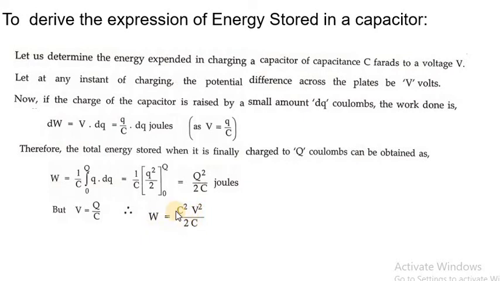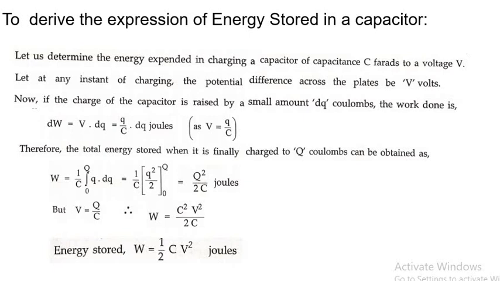So C will get cancelled, and we get the final value: the energy stored in a capacitor is half CV square joules. In this derivation we have seen the energy stored when the supply voltage V is applied to capacitance C farad.